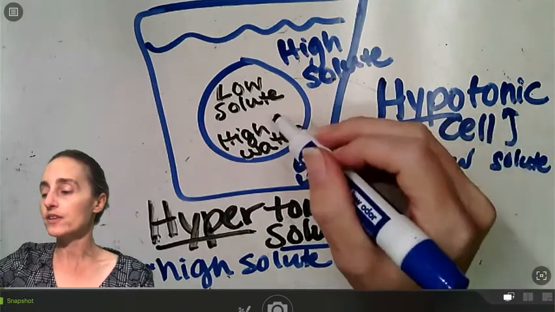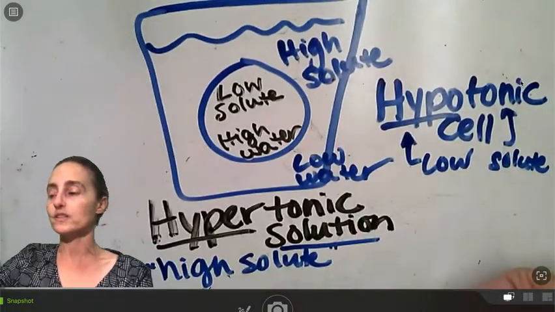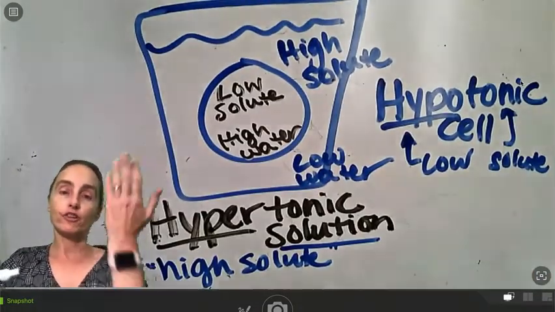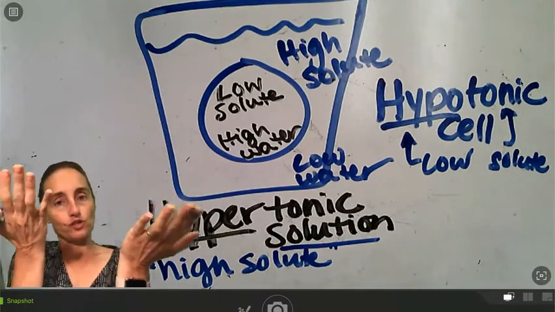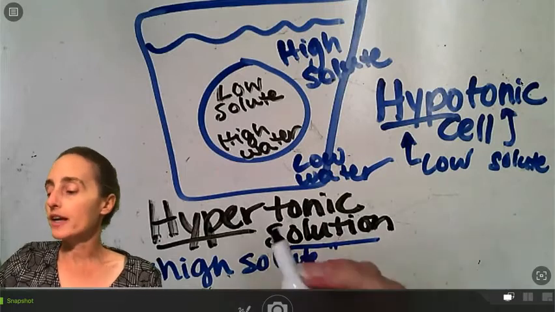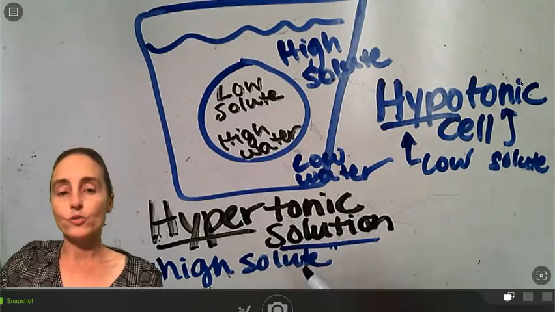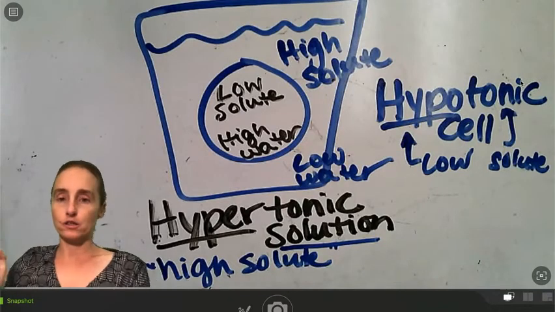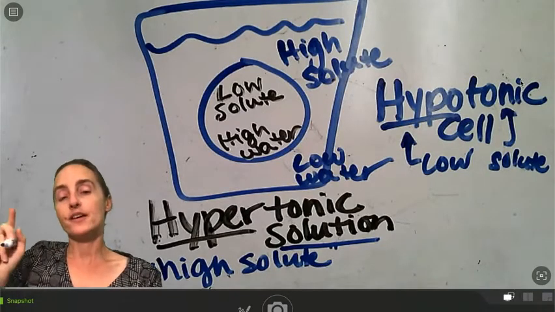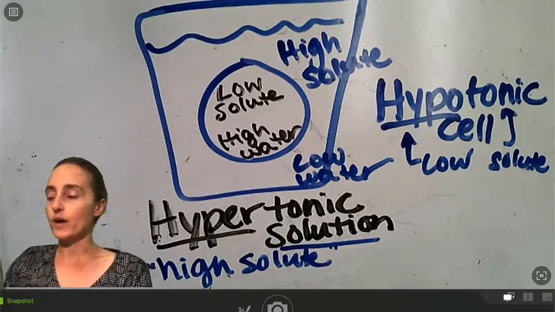And so the cell in this case is the low solute. So it's the hypotonic part. If there's a hypertonic, then there's a hypotonic, and you just have to say which is which. Okay, hypertonic is the high solute. The water's always going to move to the hypertonic part, okay? Because it's going to move where there's a high solute, right?